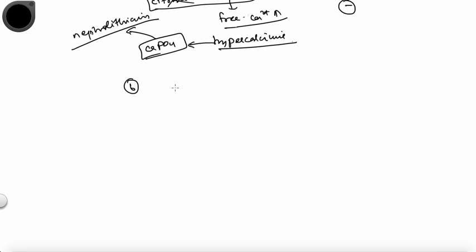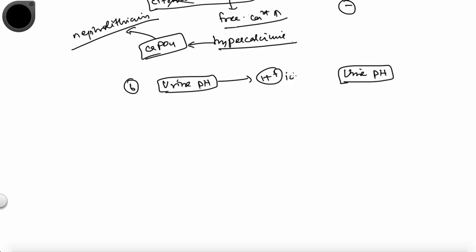Apart from that, it would be a huge sin if I didn't tell you the urinary pH in these patients. The urinary pH depends on the amount of free H plus ions in the urine, so it is directly dependent on the distal part of the nephron.